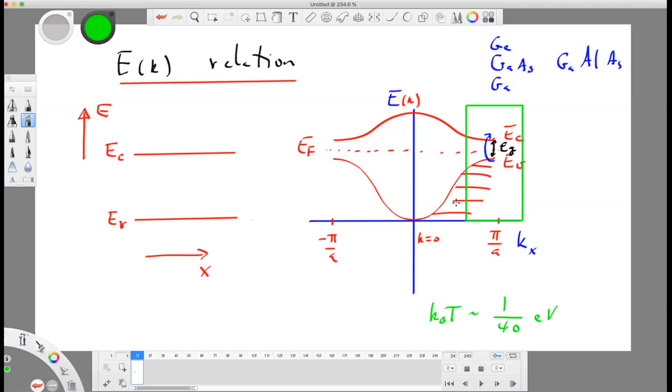No electron is going to be able to cover the energy scale that involves transferring an electron from down here up to the conduction band. So all these electrons are going to be inert, and all the action is going to happen very close to the Fermi energy.